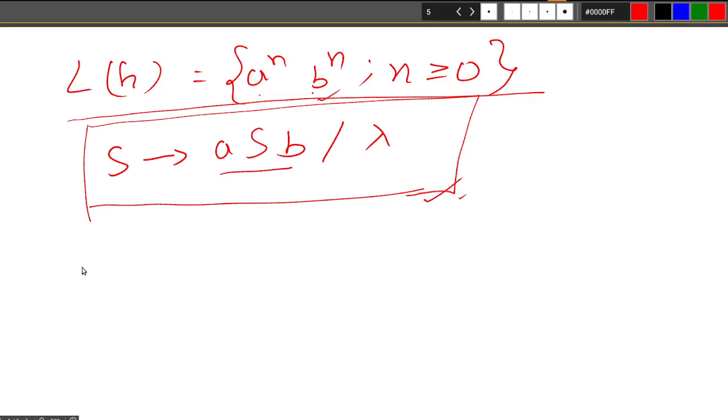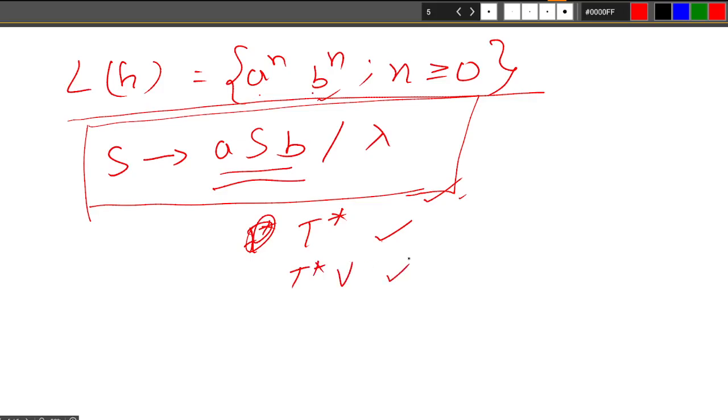Now let us check whether it can be type 3 grammar. For type 3, the left hand side was already handled in type 2, so it should follow all the rules of type 2 grammar, as well as one more restriction: on the right hand side either it should be all terminals, only A, B, A, B kind of things, then it is okay, or it can be any number of terminals and a variable.